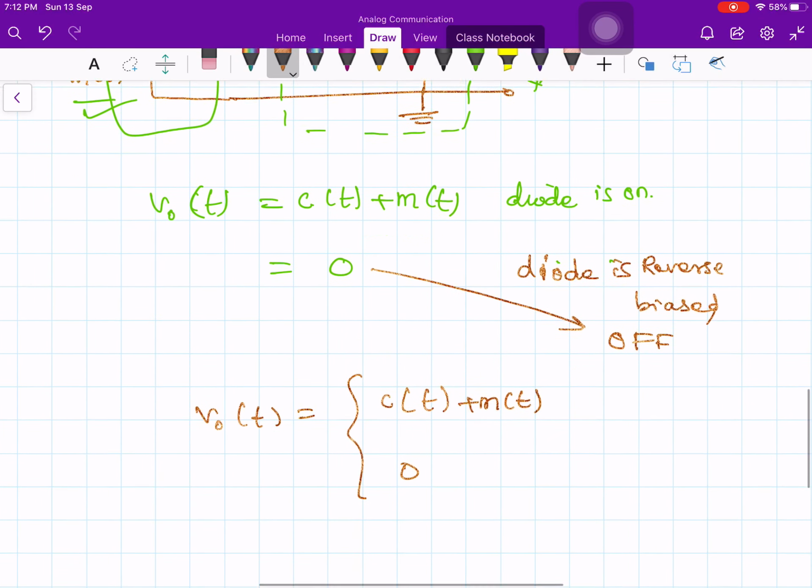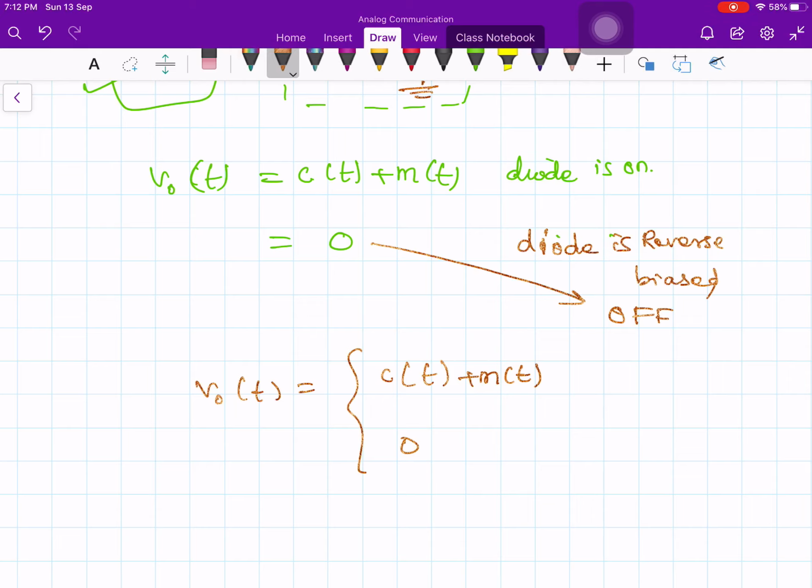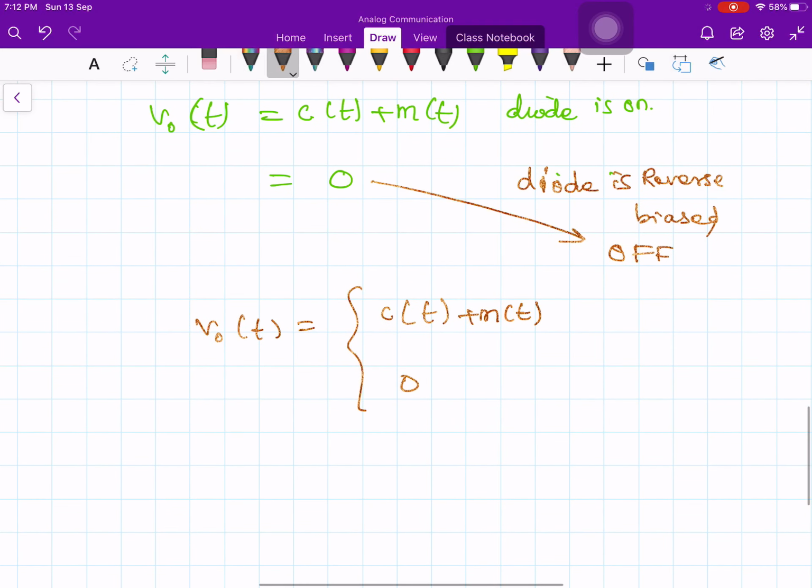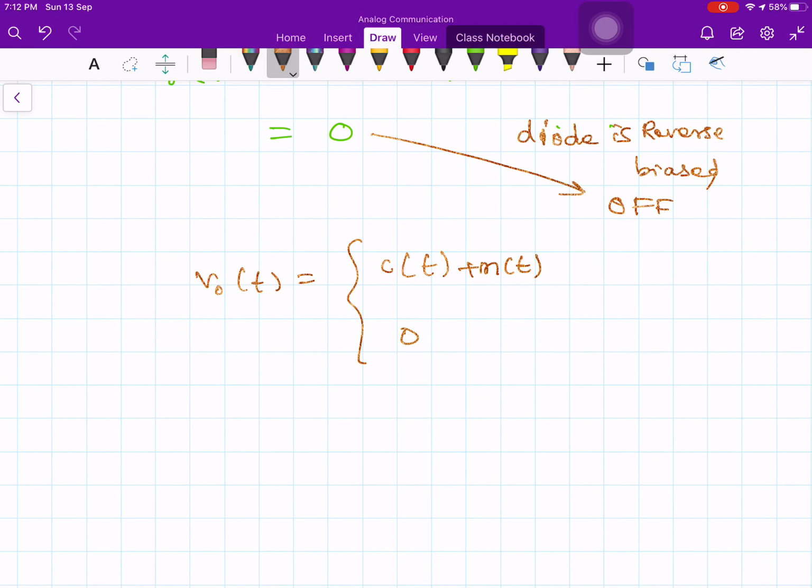Now, basically we have to see when the diode conducts and when it does not conduct, at what condition it conducts and at what condition it will not. To get the required multiplication factor that we want, we will impose a constraint that the carrier is all the time or most of the time larger than the message signal.